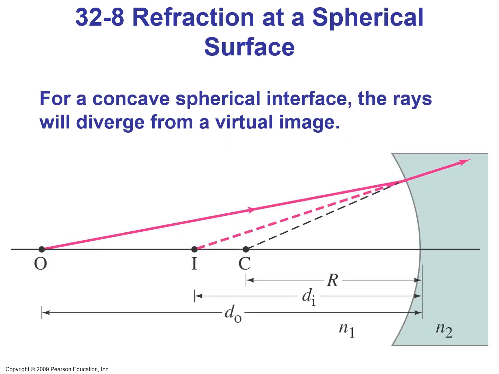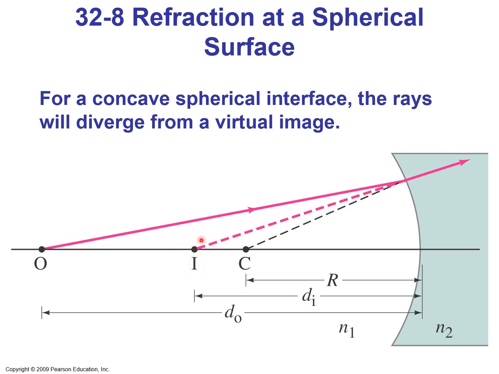For a concave spherical interface, the rays will diverge from the virtual image. Here is an object. We have a ray from the object, and it will diverge as it refracts, but we can extend from the tail of the object, the dashed line indicated here.